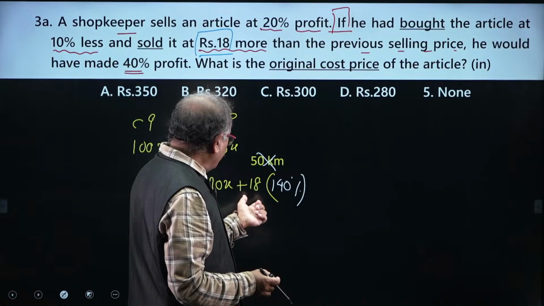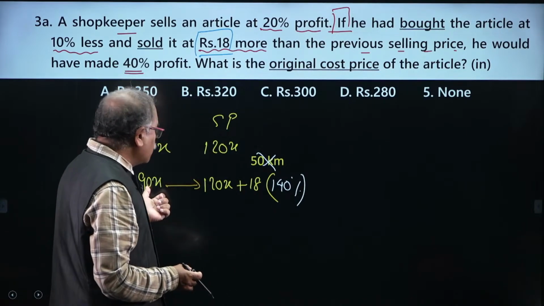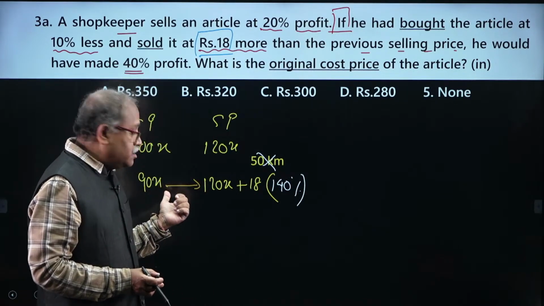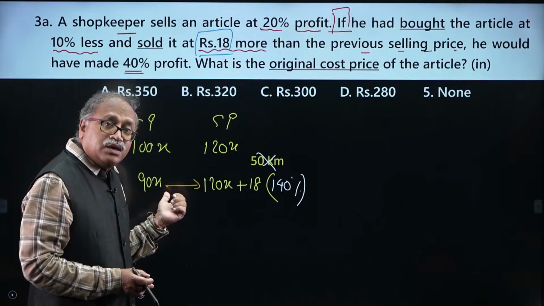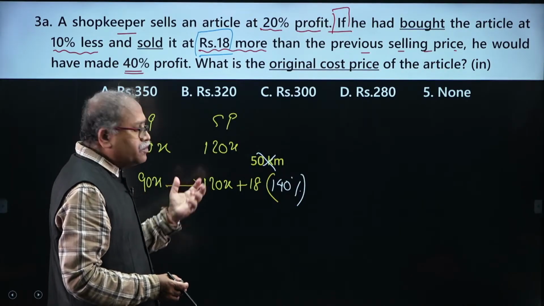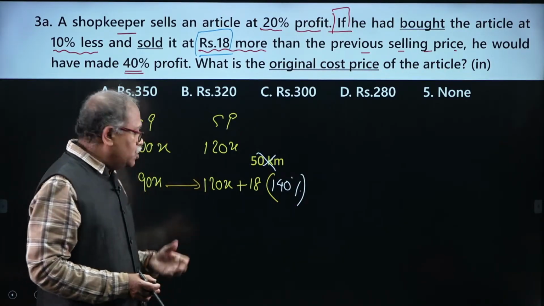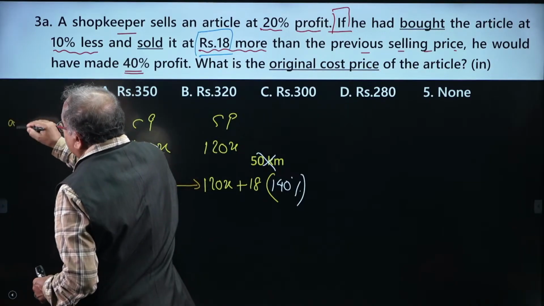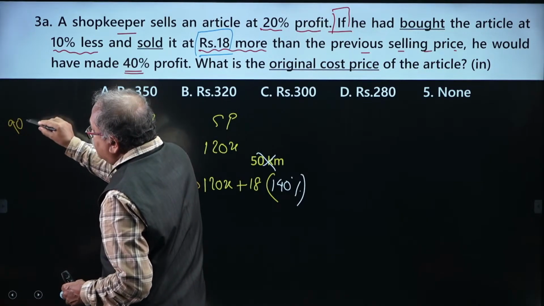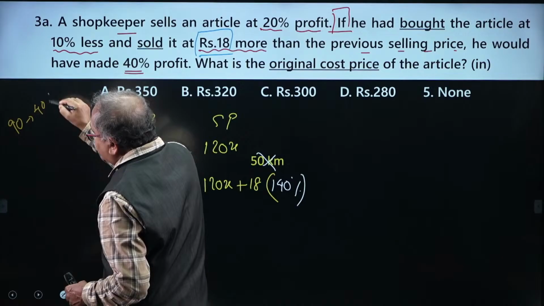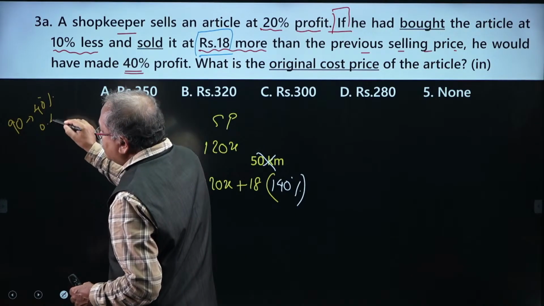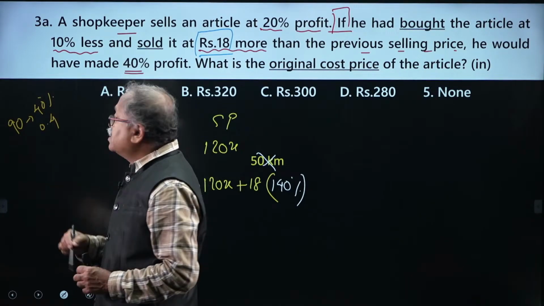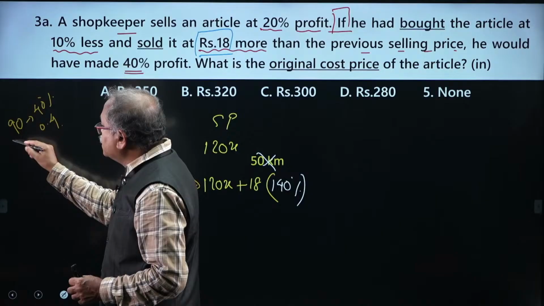So, 140% of 90x. What is 40% of 90x? Because this is 100%, what is 40%? So, 90's 40% is nothing but 90 into 0.4, and that comes 36.